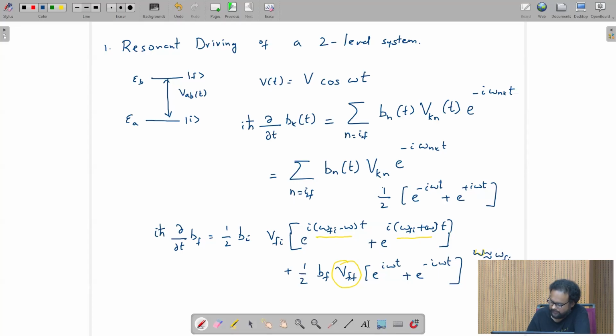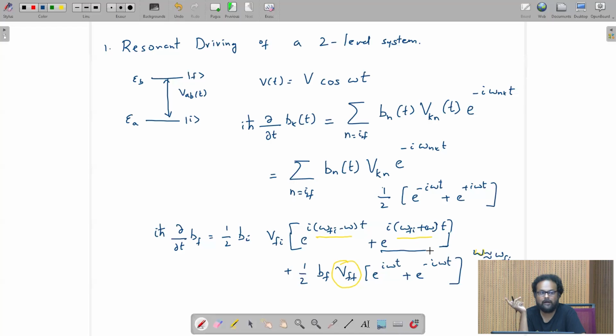Then you'll see the second term here is oscillating at relatively large frequency. And basically, you can say that the oscillation is so rapid with respect to the oscillation of your perturbing interaction potential that you may as well ignore it. As I already alluded to in the last class, it's the basis of what we call the rotating wave approximation. It's going so fast that you just don't care. You ride the wave on top of it.